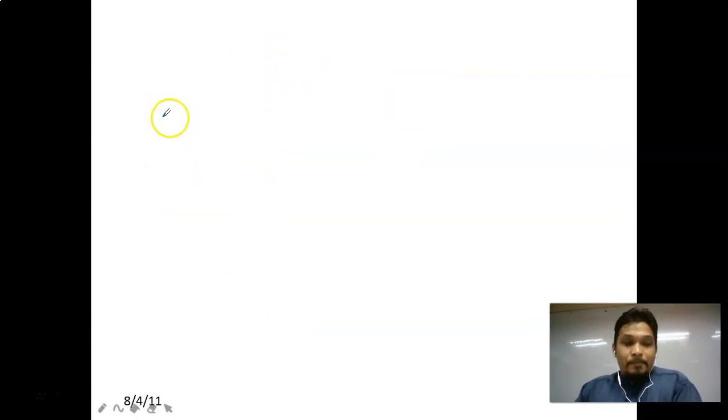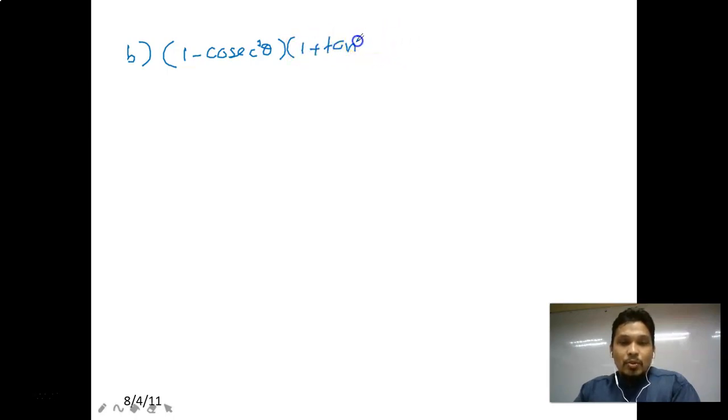And then question B: 1 minus cosecant squared theta, multiplied with 1 plus tangent squared theta, equals negative cosecant squared theta.